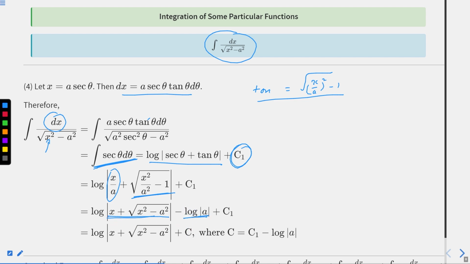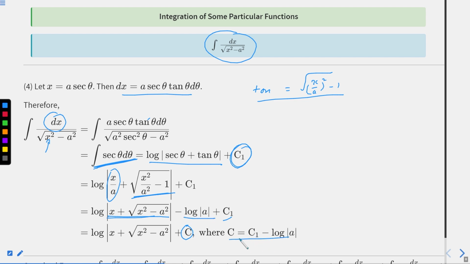Now this is some constant, this is also some constant. So I can give them a new name, capital C, and this is another constant, C1 minus log a.